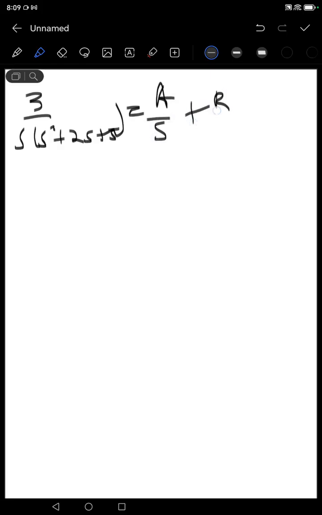we got our values. Remember, we had 3 over s into s squared plus 2s plus 5 equals a over s plus bs plus c over this.